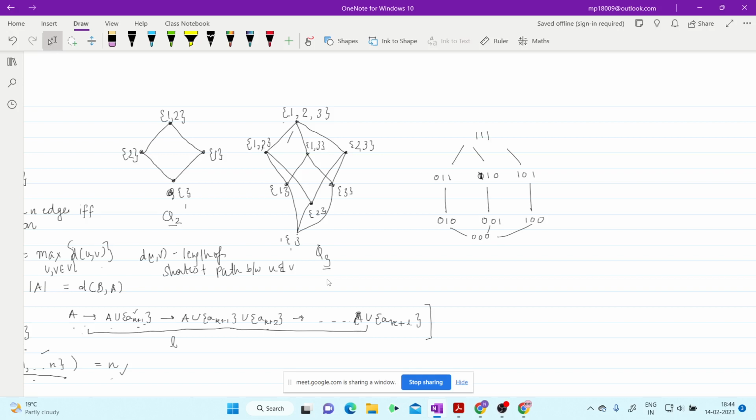So their definition is this. Instead of looking at subsets, they are looking at sequences of zeros and ones, and they are connected if they differ in exactly one entry.